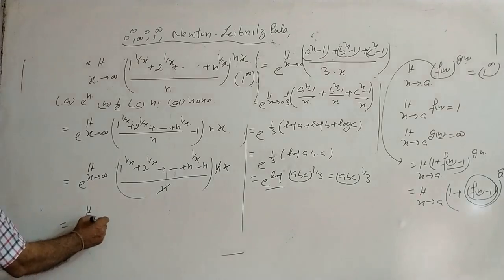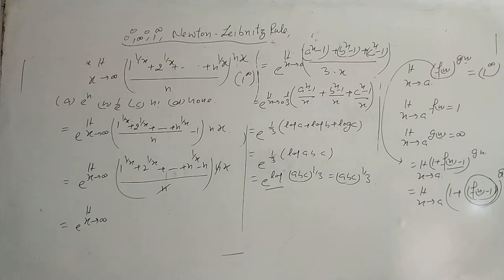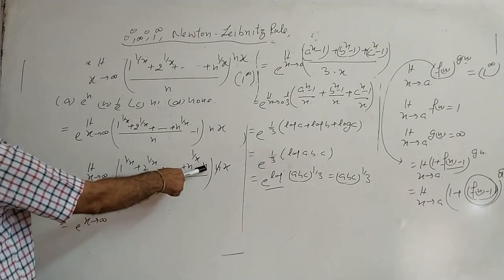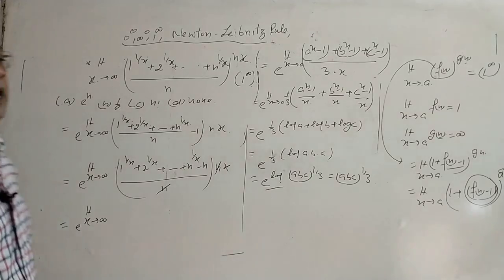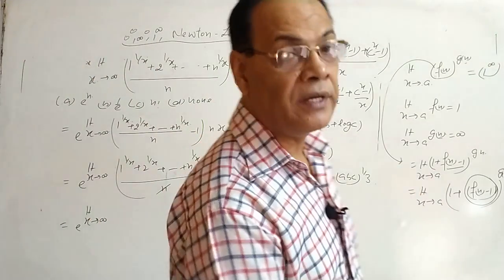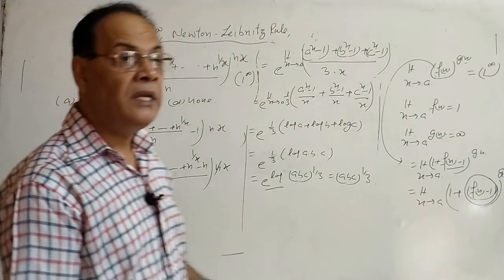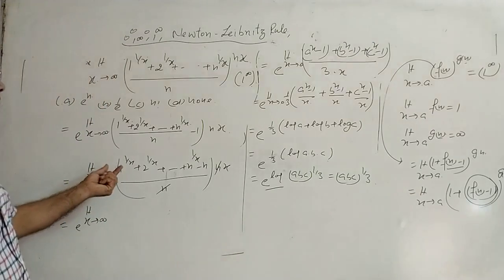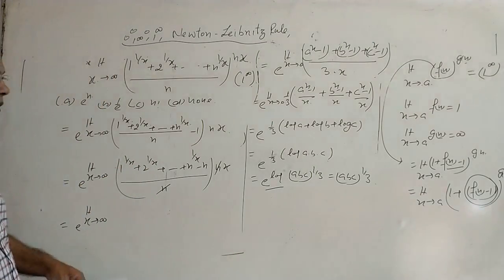Again you may write e raised to power x approaches to infinite. Now you can split this n as 1 plus 1 plus 1 up to n times, and combining each one with each of these terms in the numerator.